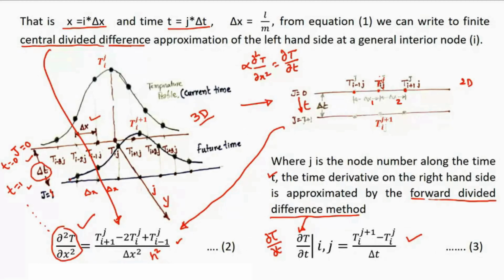This is the relationship used for predicting ∂T/∂t: T of i, j plus 1, the j plus 1th interval, minus T of i, j superscript j, divided by delta t.